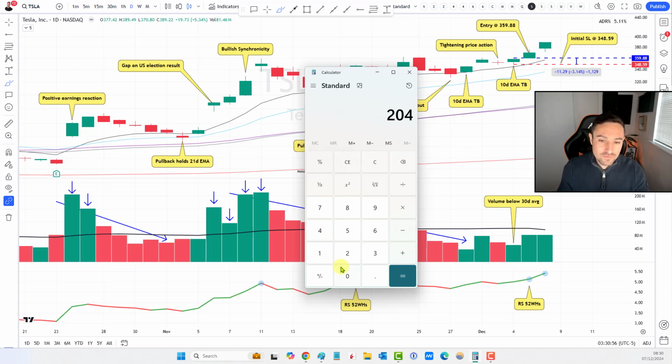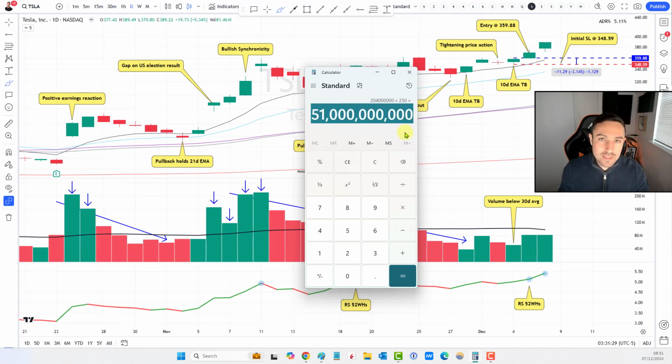So 204 million shares are traded on the earnings gap up, this bar right here. If we times that by an average price of around 250, maybe a little bit higher, like 251 or something, but just an average, the dollar volume on the earnings gap up is $51 billion.